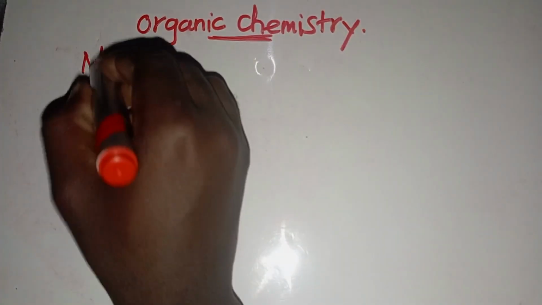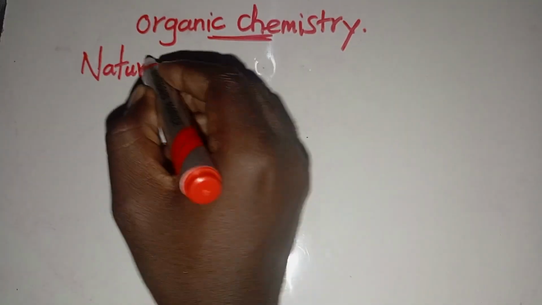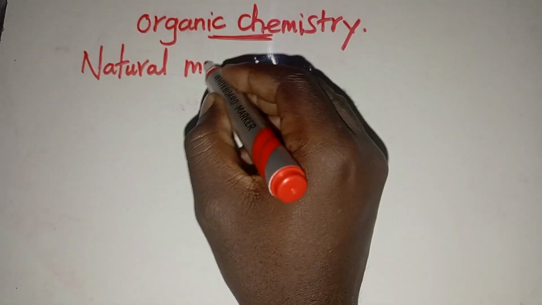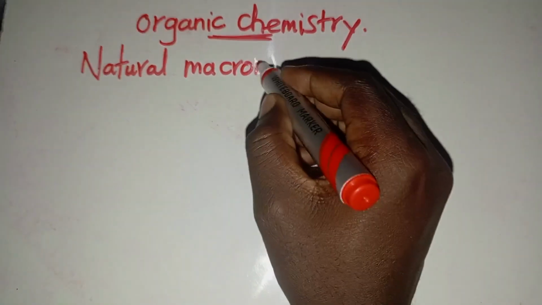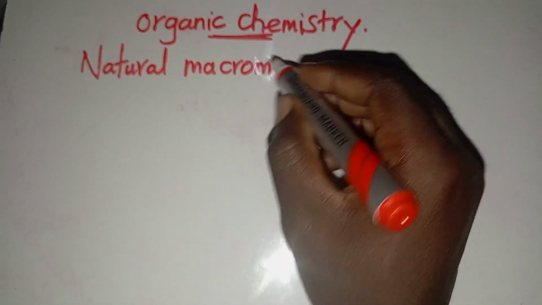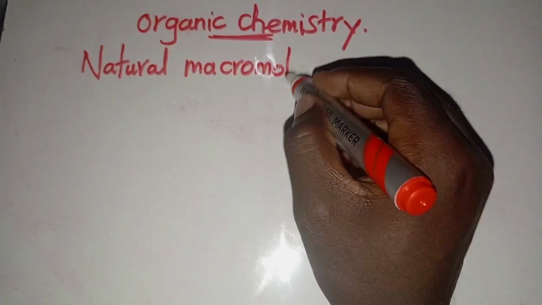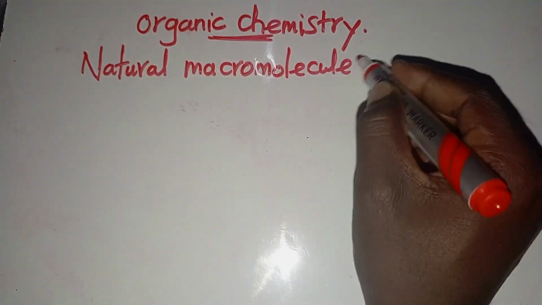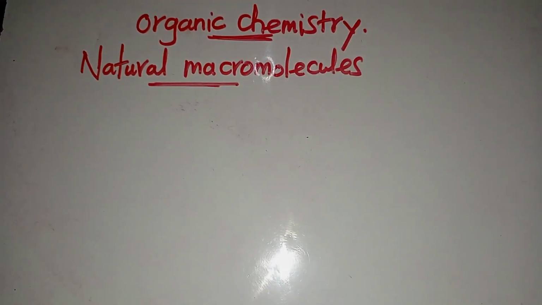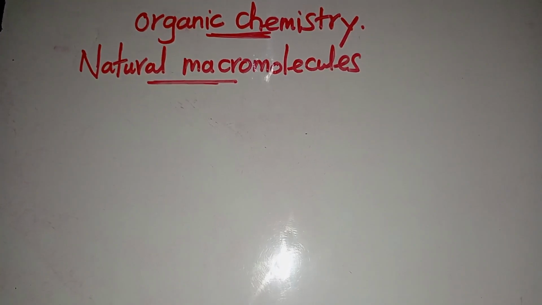We are going to end with what we get to call natural macromolecules. I told you that they are in two. This is the last thing that we are ending with in this particular session.